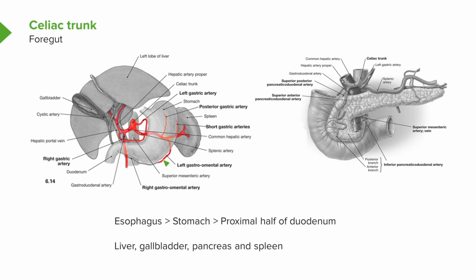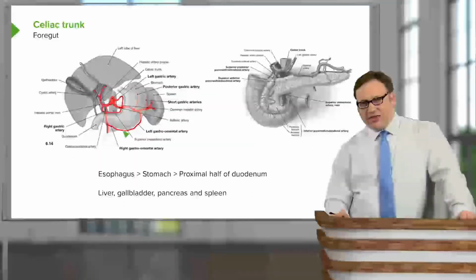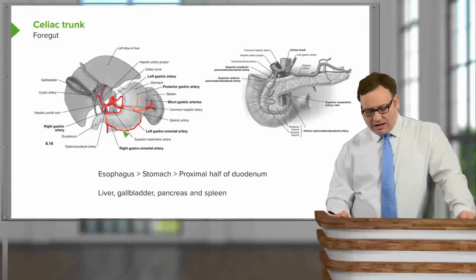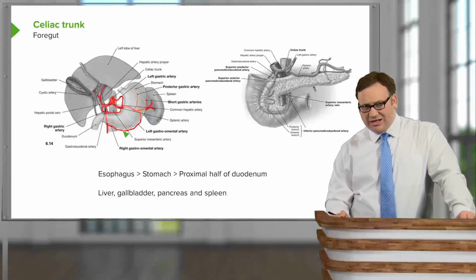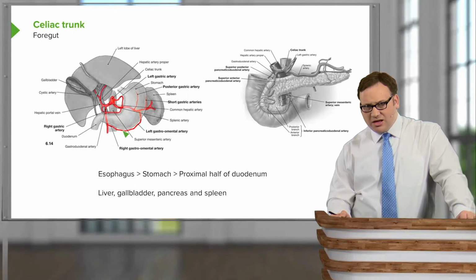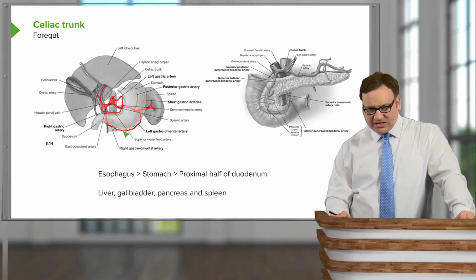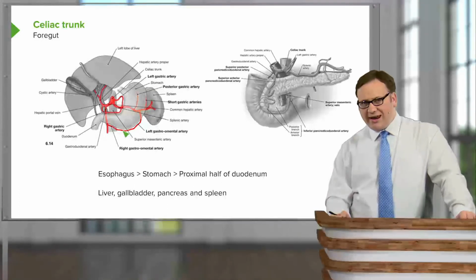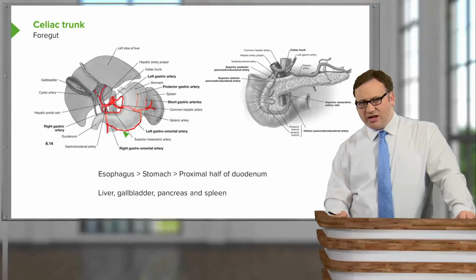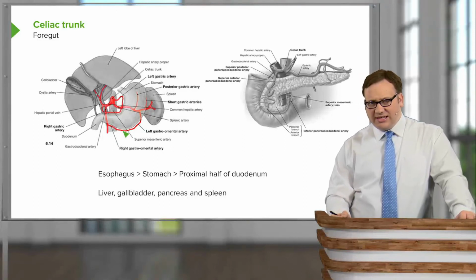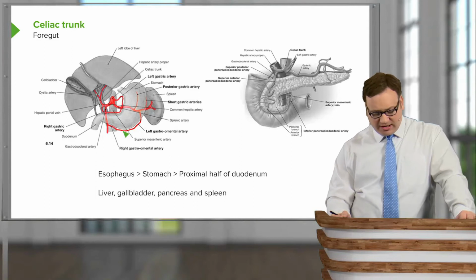The left gastroomental artery runs along the greater curvature of the stomach, and this is going to form another anastomotic loop with the right gastroomental artery, and this gastroomental artery comes from the gastroduodenal that I mentioned. So we can see that the celiac trunk gives rise to 2 anastomotic rings of arteries that supply both the lesser curvature and the greater curvature.